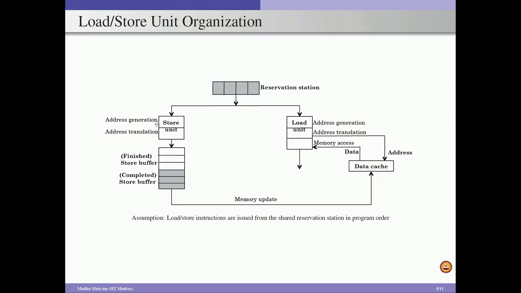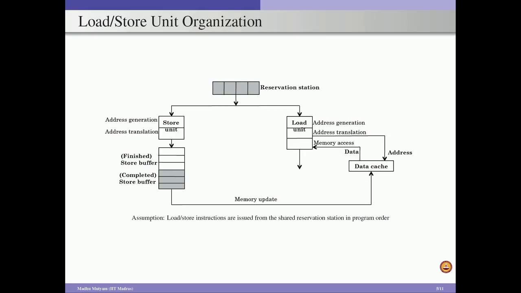After that, we say the store instruction has finished its execution, so we write the store instruction to the store buffer, and the instructions wait in the store buffer as long as the cache or the memory is not available for servicing the store instructions.